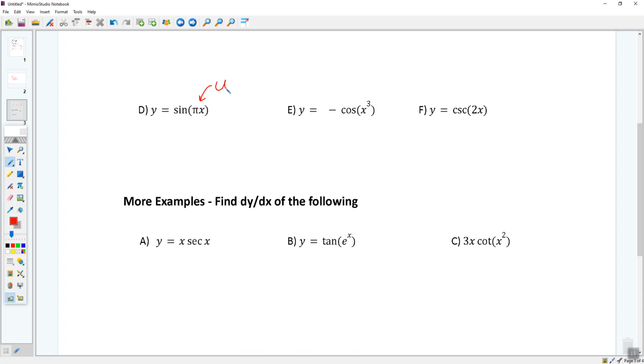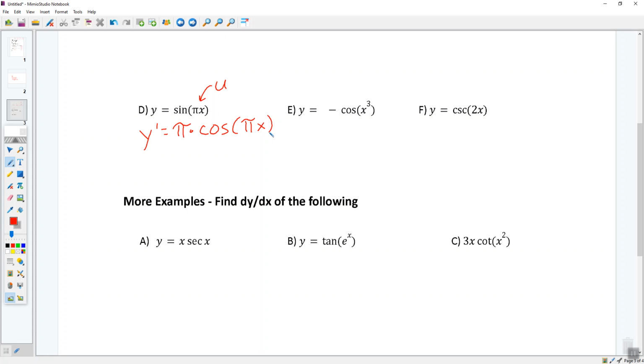If you look at the derivative rule for sine of x, isn't your derivative rule u prime times the cosine of u? Well, what would u prime be in this situation here, guys? It would just be pi, wouldn't it? Times, what's the derivative of sine? Cosine. So pi times cosine pi x. There it is.